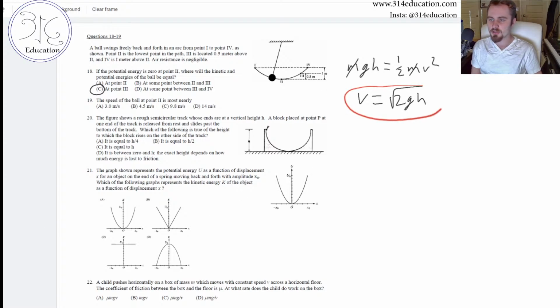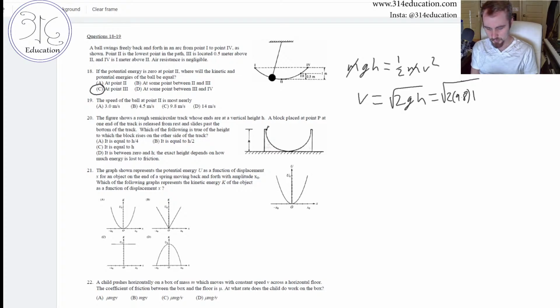And this is actually a relation we'll see pretty often here. And that's going to be the square root of 2 times 9.8 times 1. Root 2 times 9.8 is 4.9. 3 looks pretty good, actually. 3 meters per second, but let's try this.